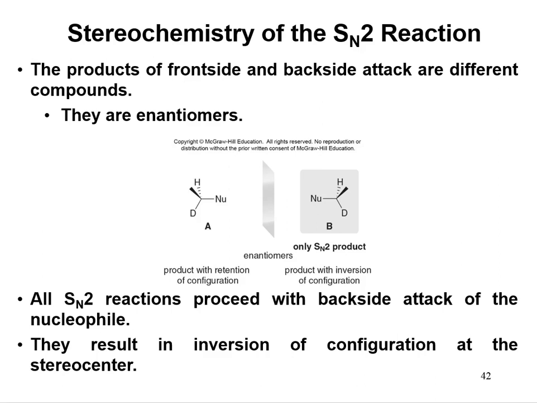An inversion is a swapping of one stereochemistry to the other. For example, an S starting material would invert into an R product. An R starting material would invert into an S product. A cis into a trans, and a trans into a cis.